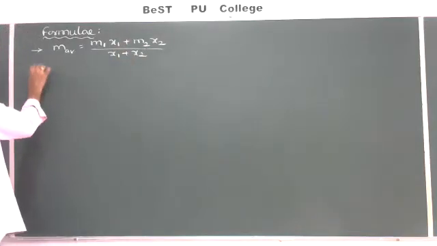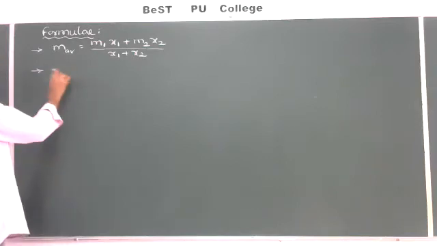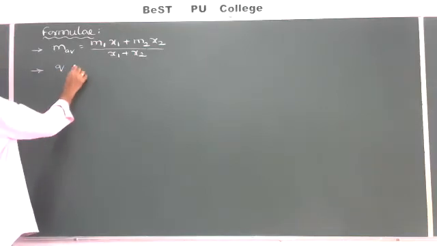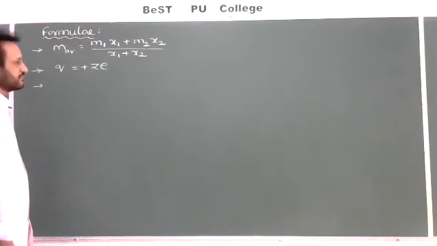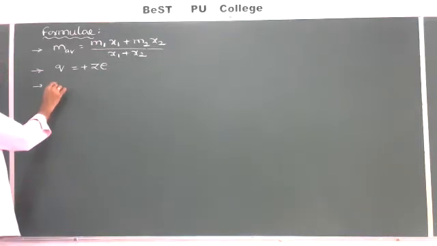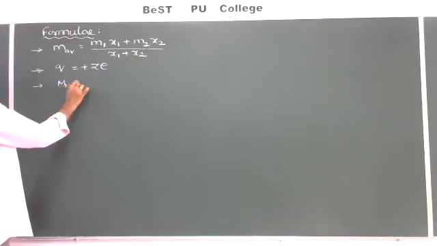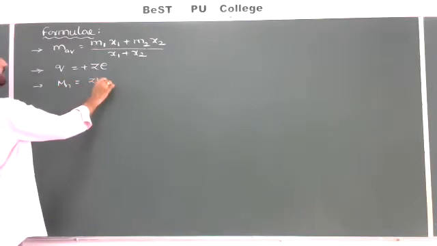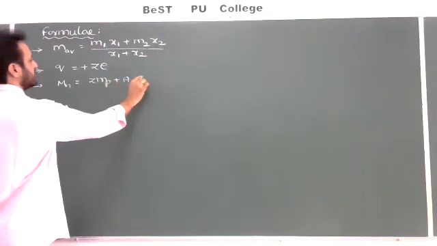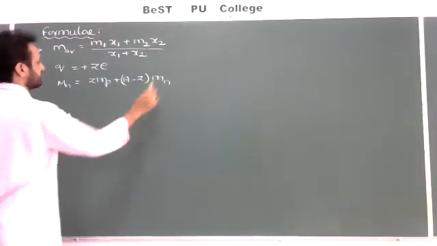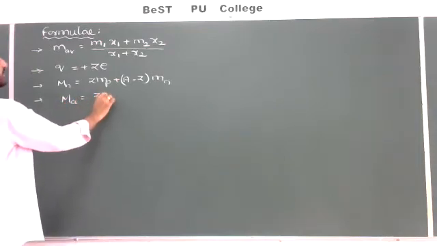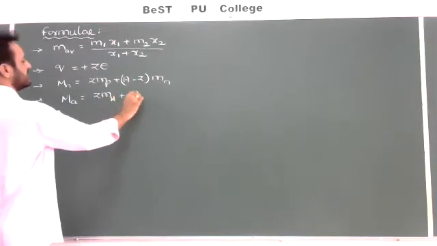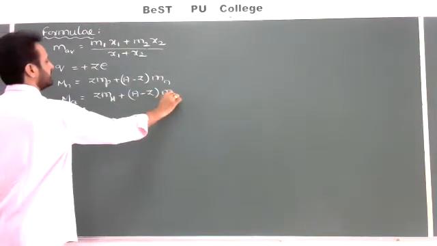Next, what is the charge? The charge of the nucleus is equal to plus Z into E. And one more, the mass of the nucleus is Z into Mp plus (A minus Z) into Mn, or we can write the mass of the atom as Z into Mh plus (A minus Z) into Mn.